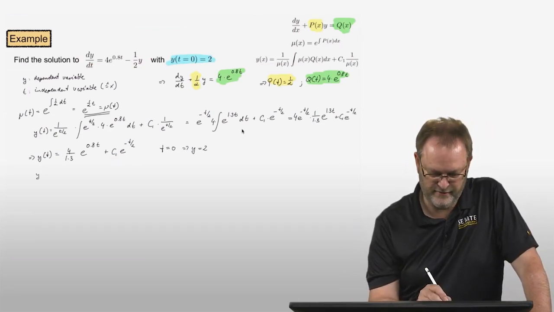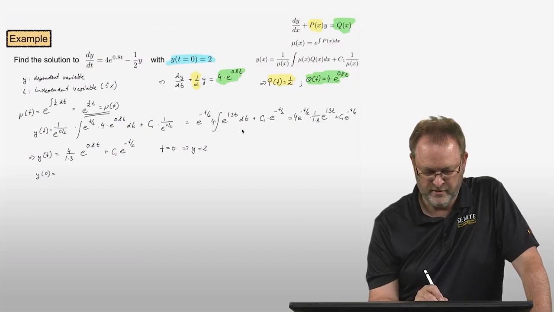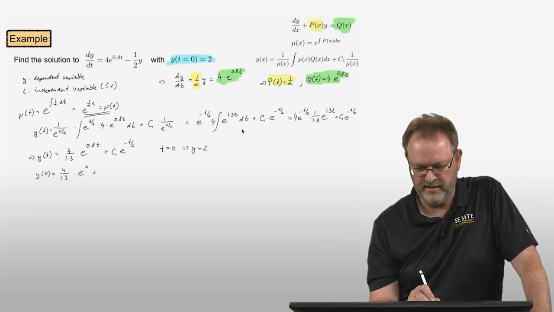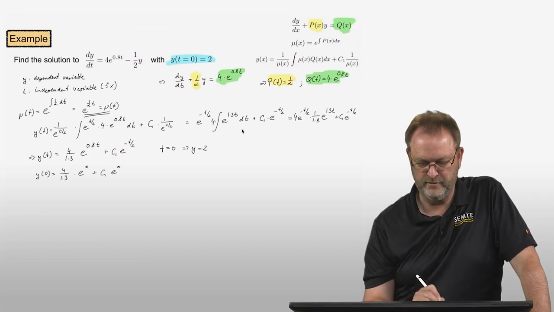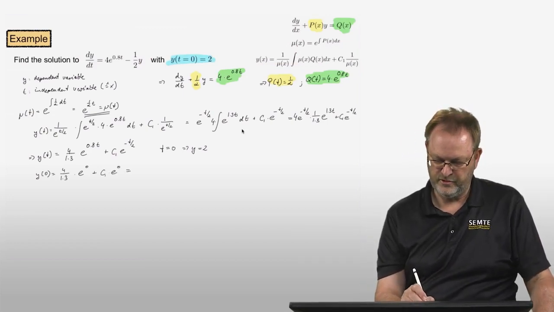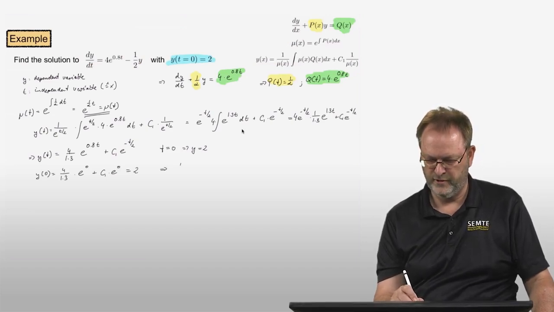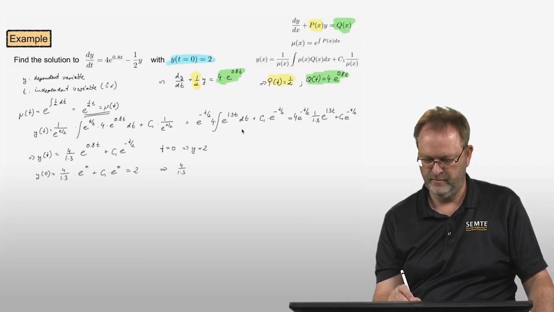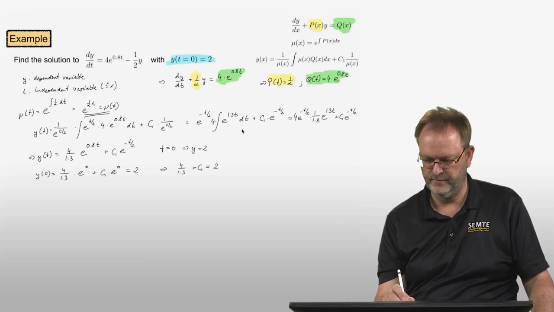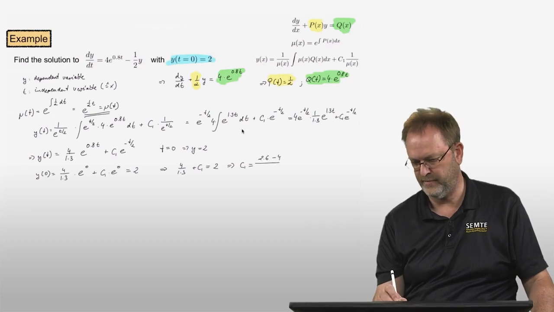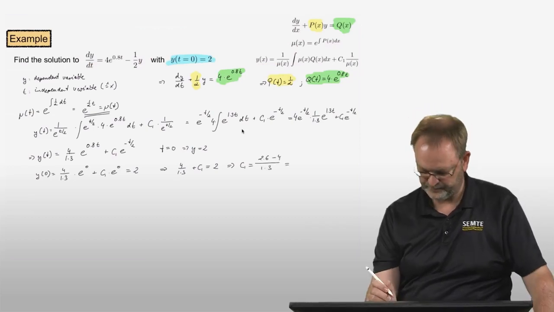So y of 0 is equal to 4 divided by 1.3 times e to the power 0 plus c1 times e to the power 0. So that is supposed to be equal to 2. So therefore we have 4 divided by 1.3 plus c1 is equal to 2, or c1 is equal to 2.6 minus 4 divided by 1.3.